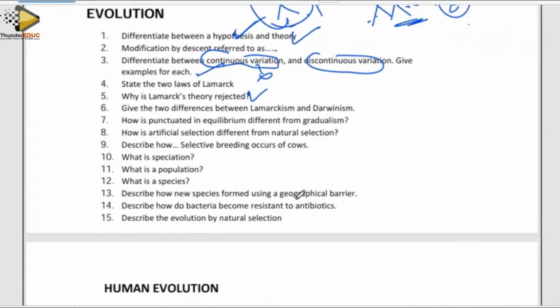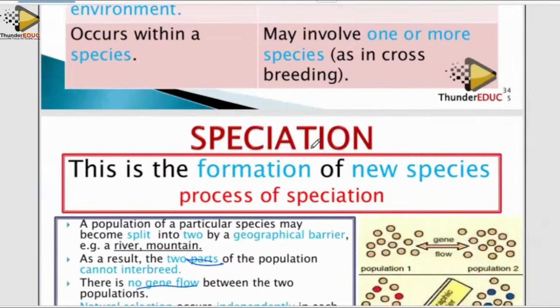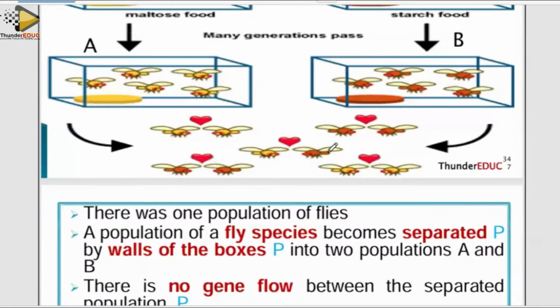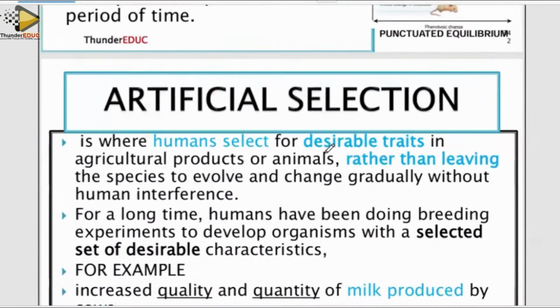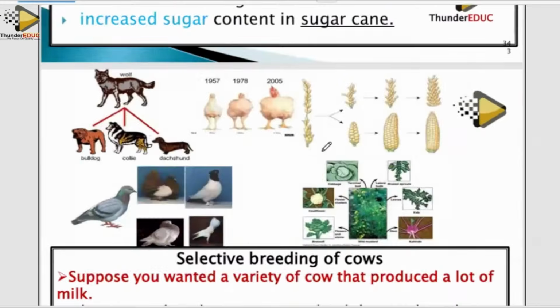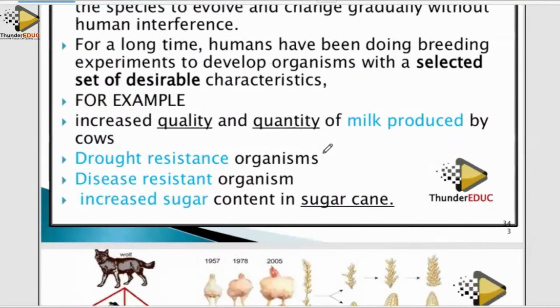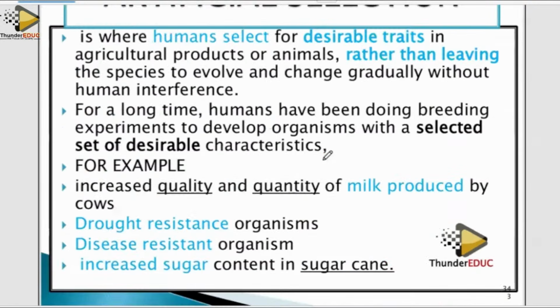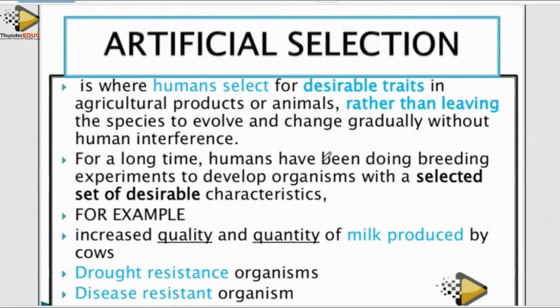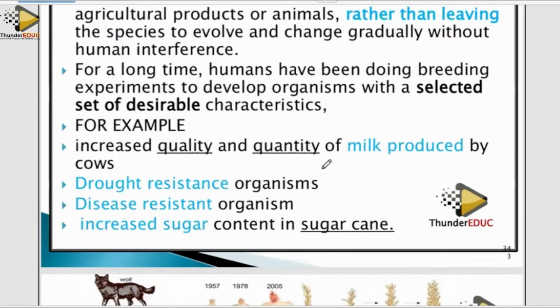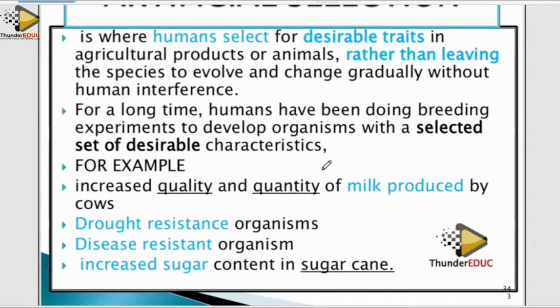Then you are asked to describe how selective breeding is done. In selective breeding, you look at the organism characteristic which is needed, for example, milk production or drought resistance. So you get the one with the desirable characteristics.